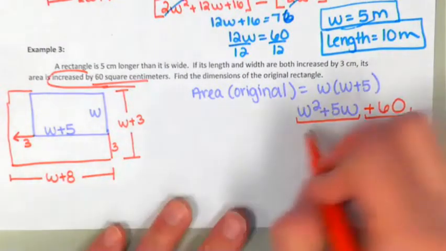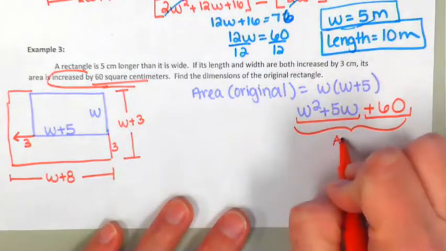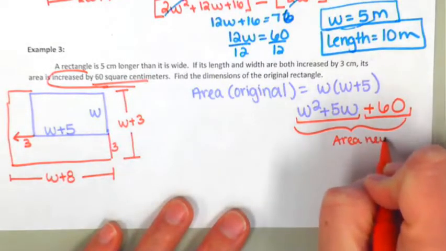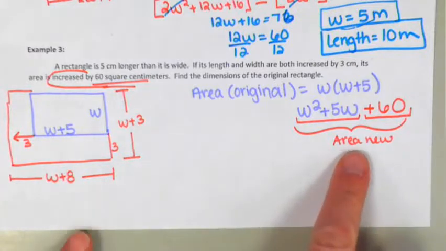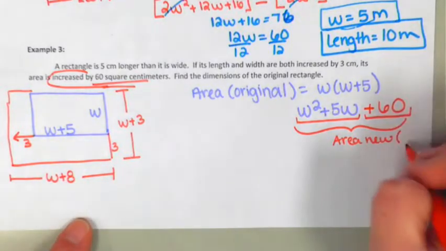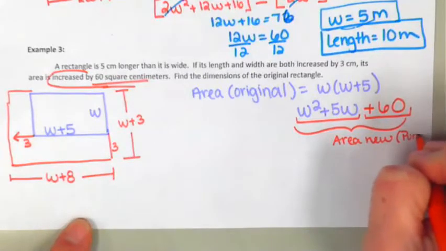Okay. So since this whole thing is the area of my new, can I find the area of my new with my original information? Yeah. So this area of the new is from my purple rectangle, right?